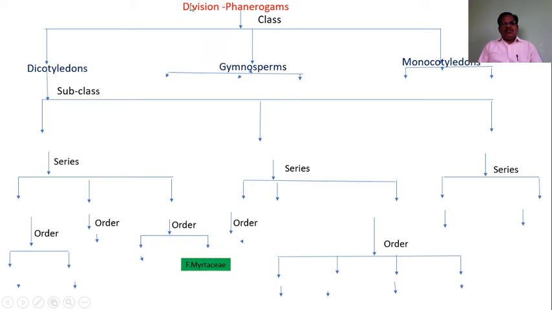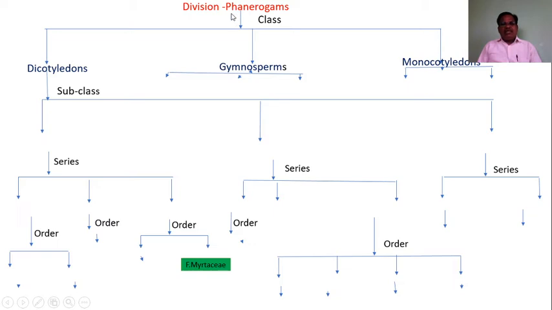Just like I told you, the characters of these Phanerogams are that they have the presence of the flower, they have the presence of the seed, they are vascular plants, they are large plants, they have root, stem and leaves, vascular bundles are well developed, nutritionally they are autotrophic. They are found in any type of area or habitat.